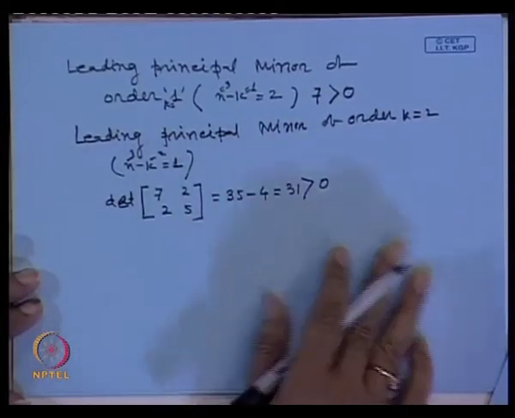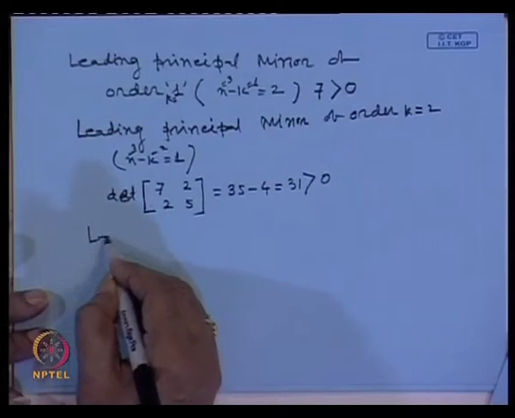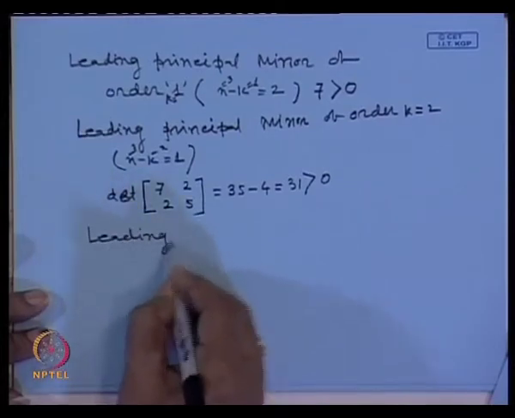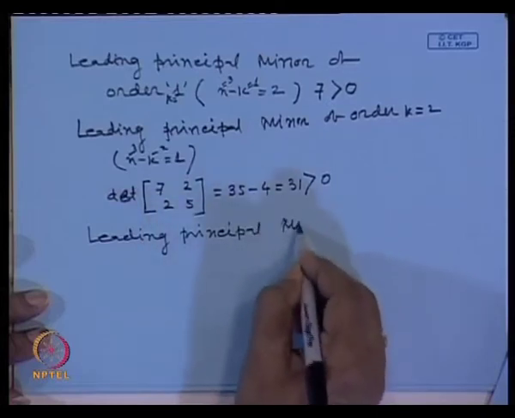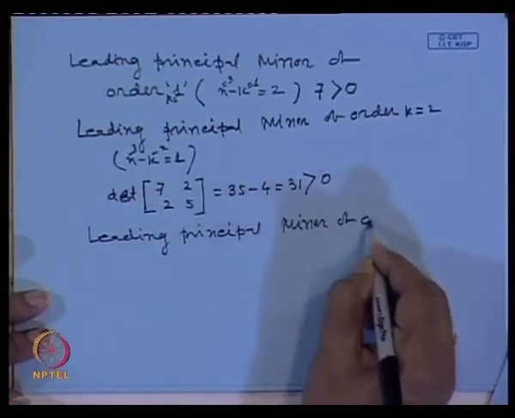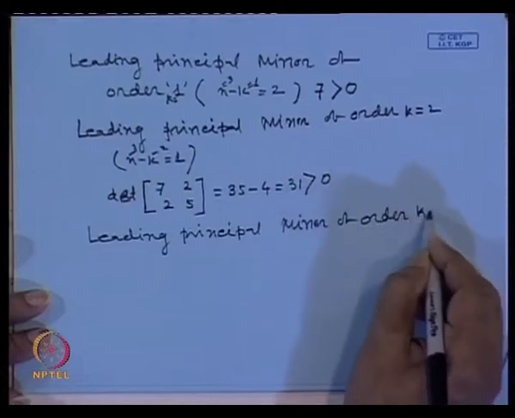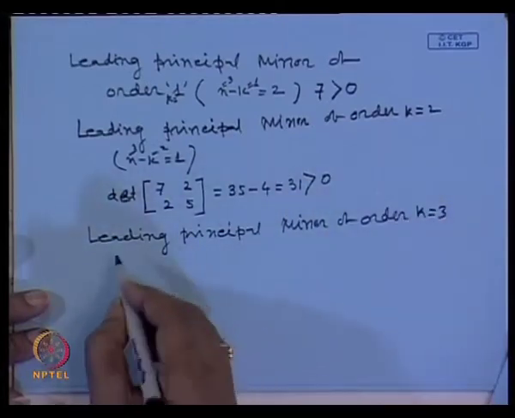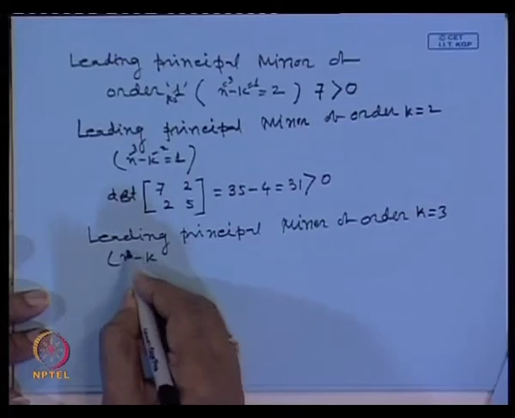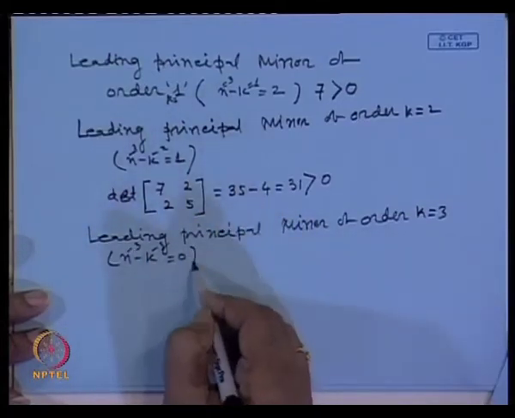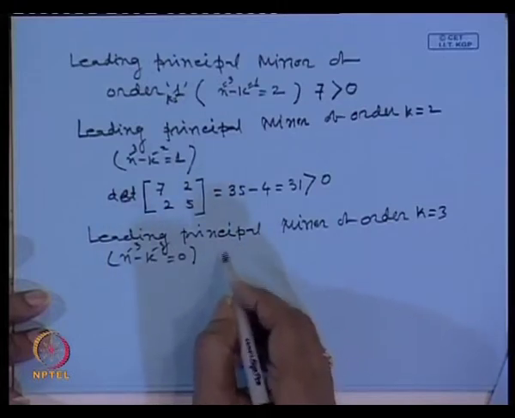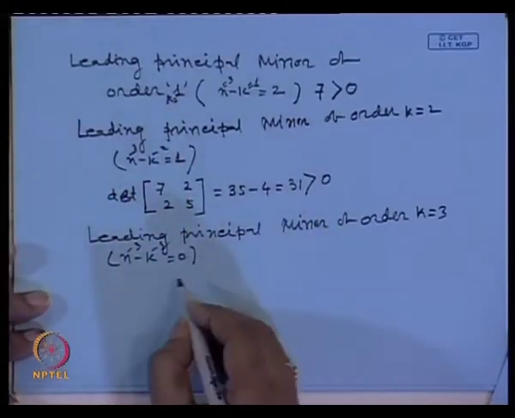And last, because the order is n, I have to consider up to the nth order minor. Agree? The leading principal minor of order k is equal to 3. That means n minus k, n is equal to 3, k is equal to 3, so no rows and no columns you have to delete. That means you have to take the full matrix P that is given.